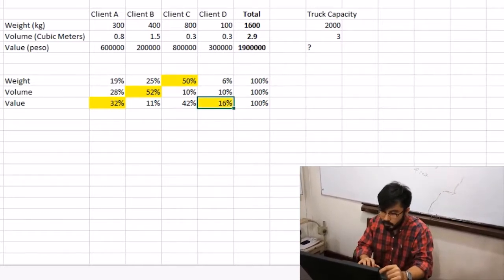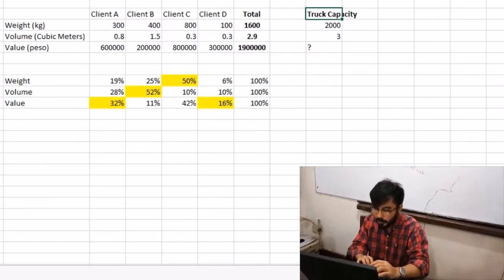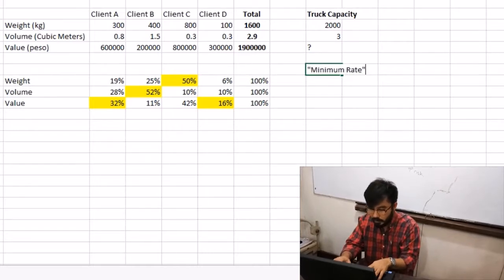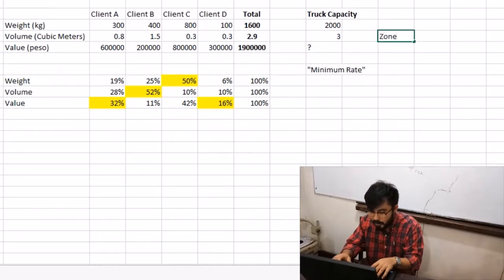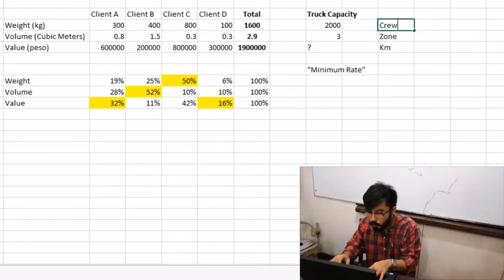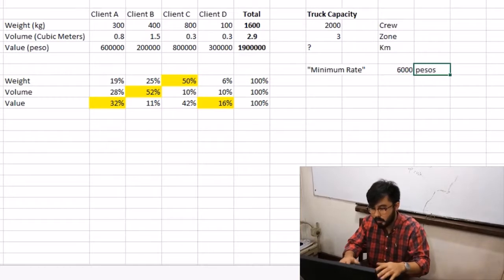Okay? So let's say whatever truck this is, let's assume we know what kind of truck it is, and we know we have our minimum rate. And let's say that minimum rate we have for whatever particular zone it is, or kilometers, crew, or other data. The point is we've got a minimum rate, and let's say that minimum rate is 6,000 pesos.